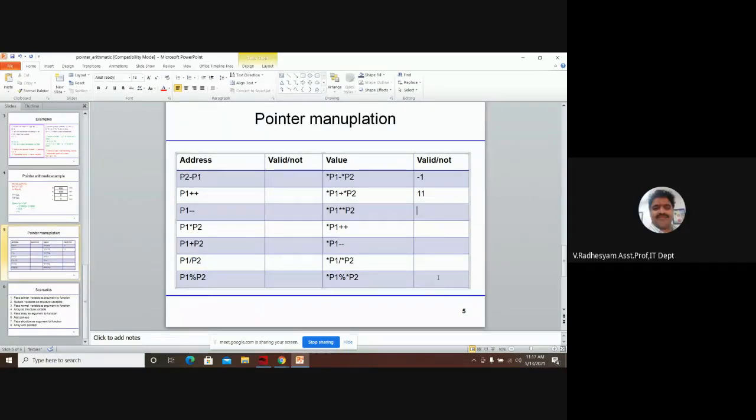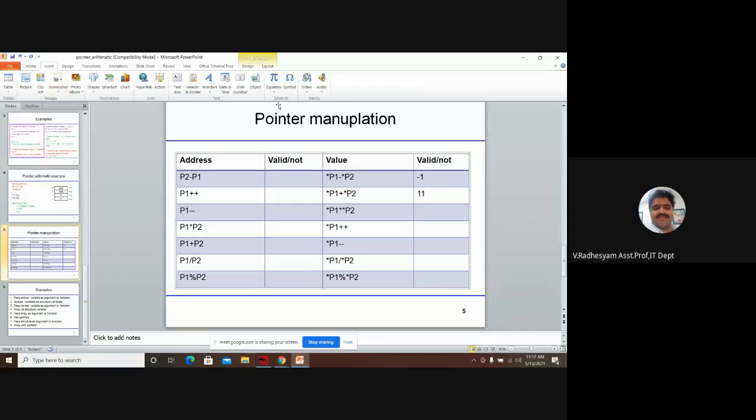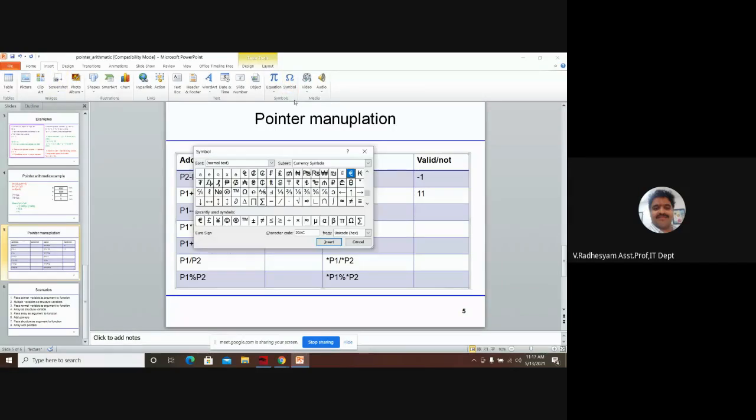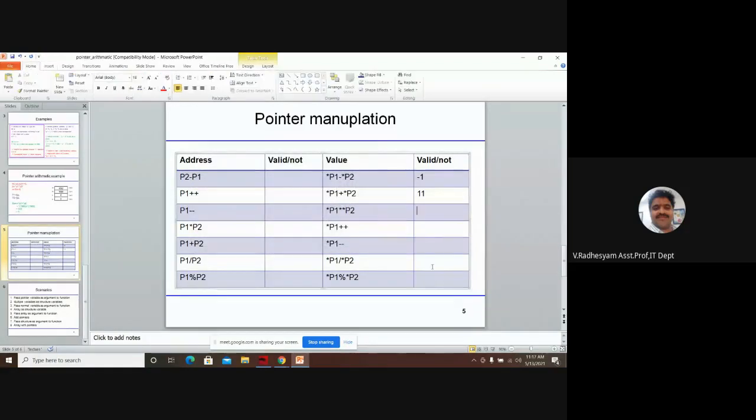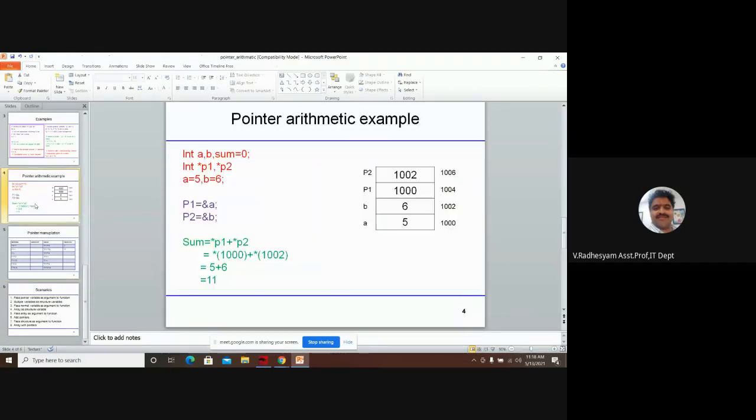Likewise, all are possible here. If star P1 into star P2, then 5 into 6.